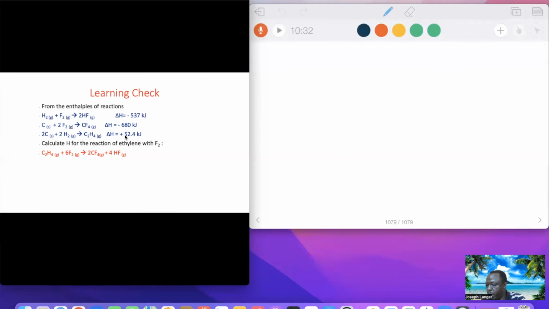So that means in step 3, we will have C2H4 gas going to 2C plus 2H2, and then this is gas, this is solid, and the change in enthalpy for this will be now negative 52.4 kilojoules.